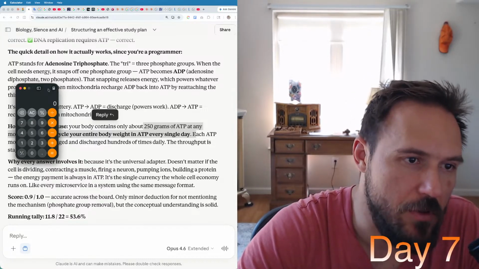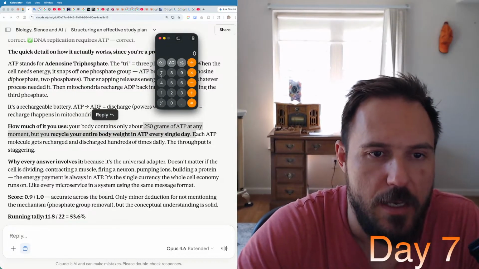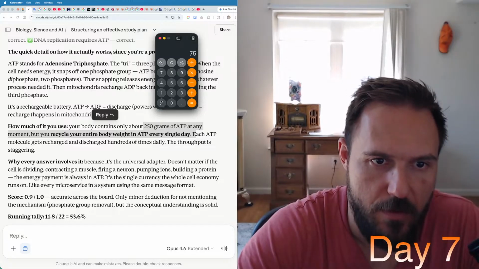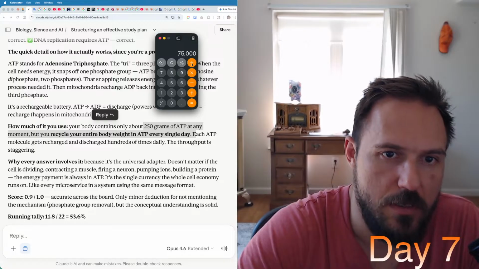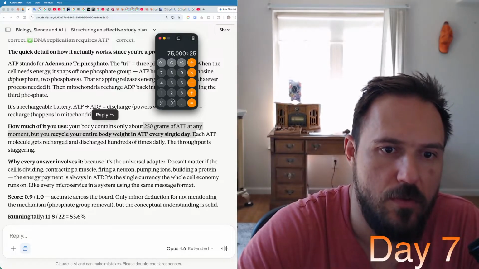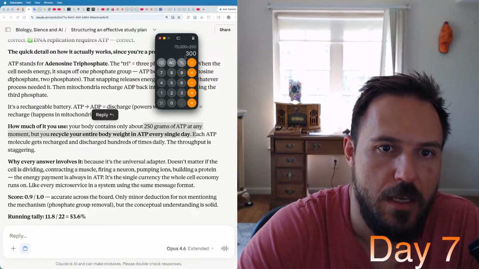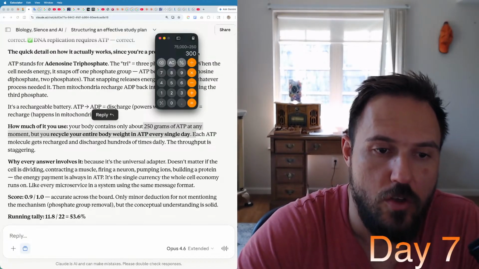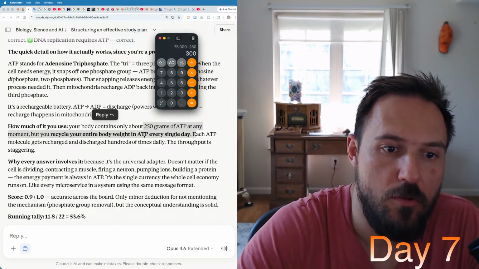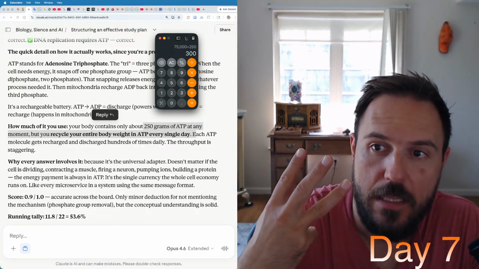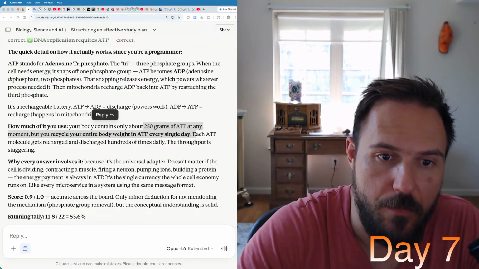Since they're in grams, we're gonna do kilograms, sorry. 75,000 grams divided by 250, 300 cycles. So ATP converts to ADP and back to ATP 300 times per day.